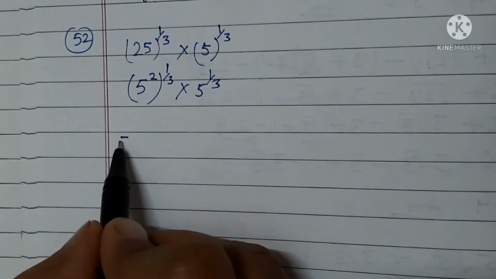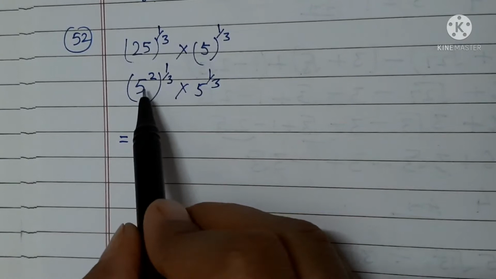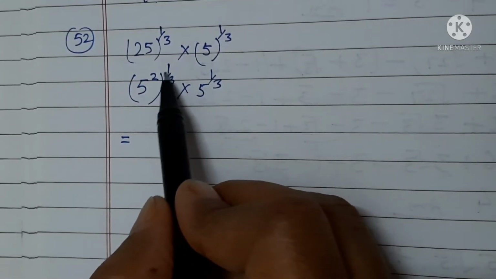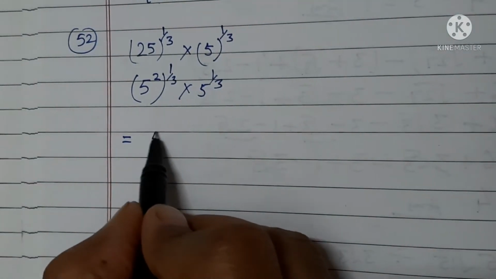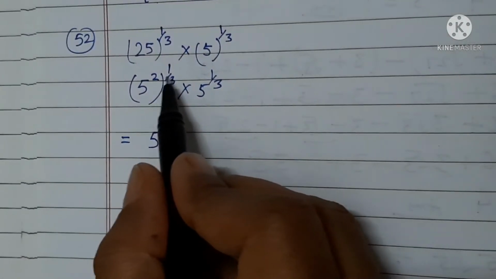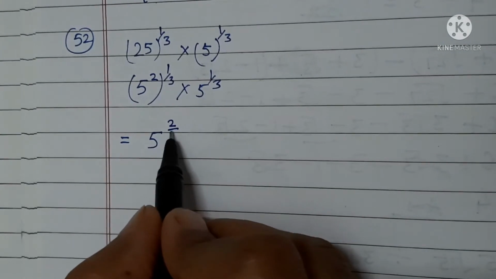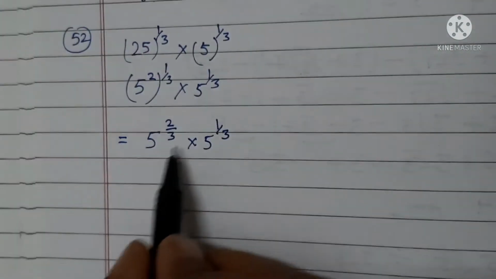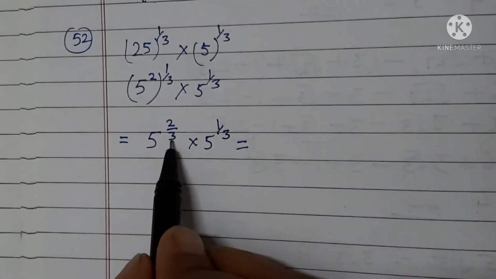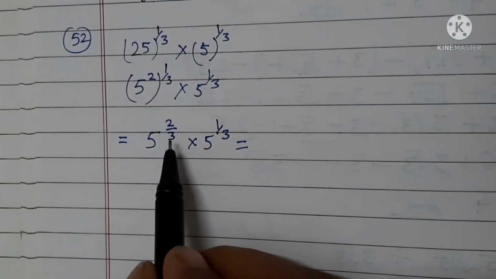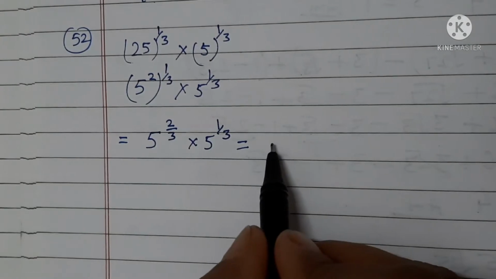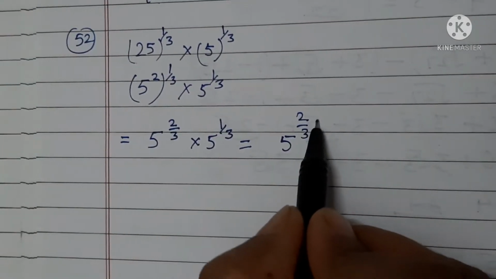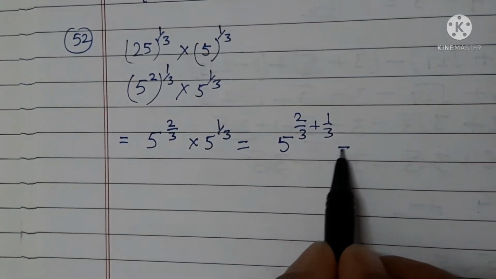So this becomes 5 square to the power of 1 upon 3 into 5 to the power of 1 upon 3. Now, this is a to the power of m to the power of n, so these powers will be multiplied. So you can write it 5 to the power of 2 into 1 upon 3, means 2 upon 3, into 5 to the power of 1 upon 3. Now the bases are same, so powers will be added. This becomes 5 to the power of 2 upon 3 plus 1 upon 3.